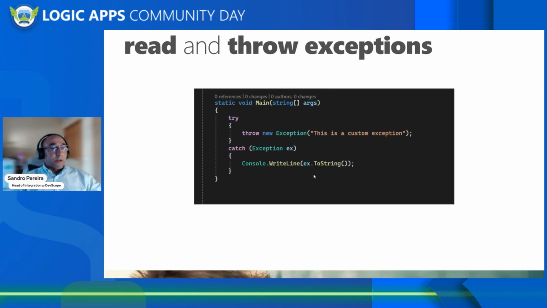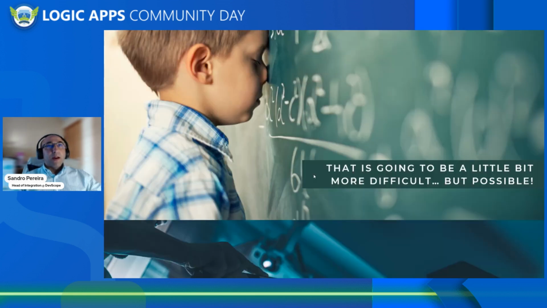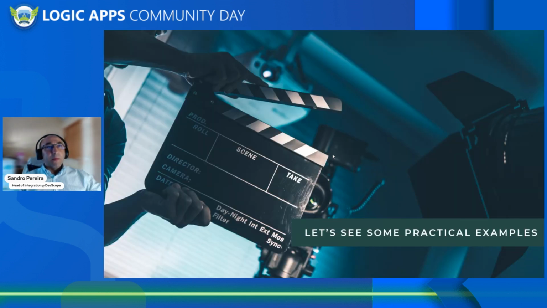Unfortunately, inside logic apps that is not going to be that easy. It's going to be a little more complex, but it is possible to accomplish. So without saying more, let's see in a demo how we can do the try catch, but also get the error message and throw the exceptions.